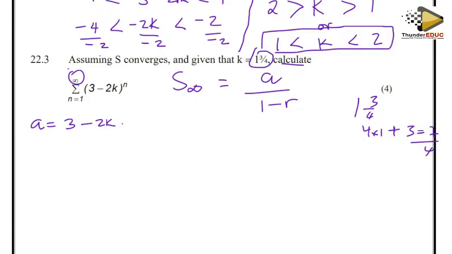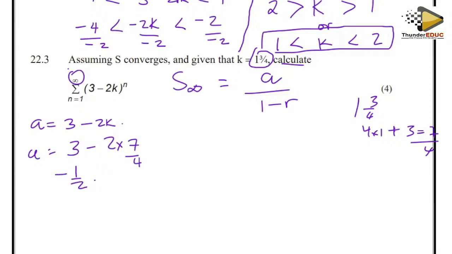So our a is going to be 3 minus 2 times 7 over 4. What does that give us? 2 times 7 over 4, I'm ending up with negative a half. All right, so a is negative a half.